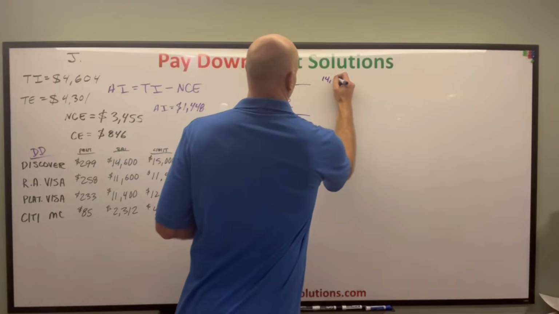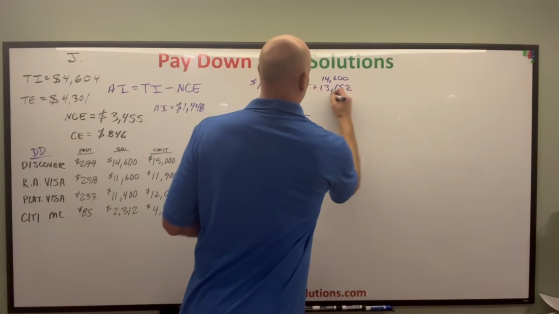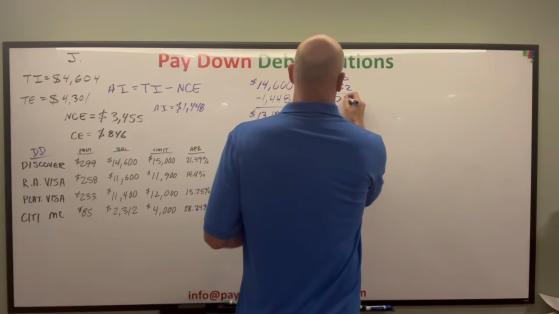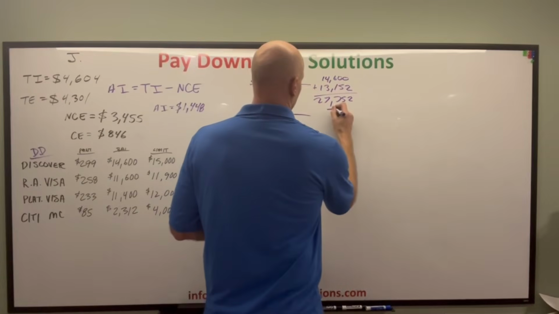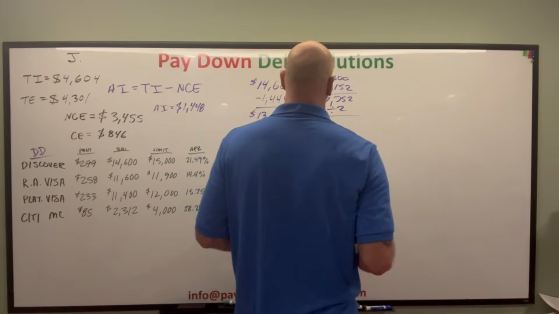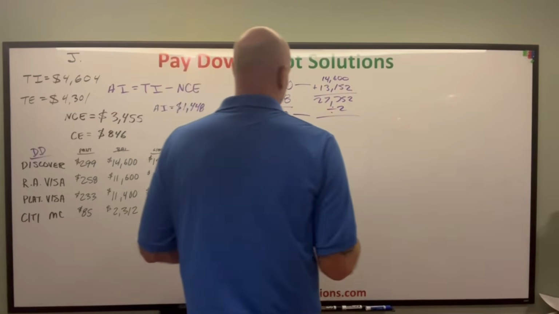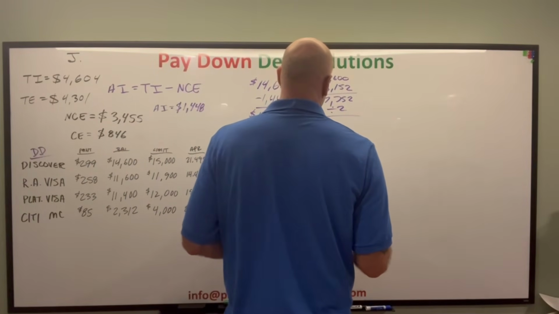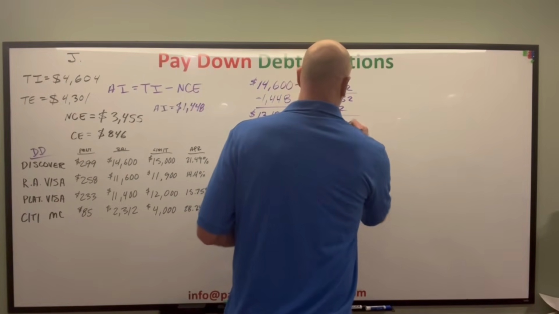In this case, it's 14,600 plus 13,152, so we get 27,752. I'm going to divide that by 2, which gives 13,876.